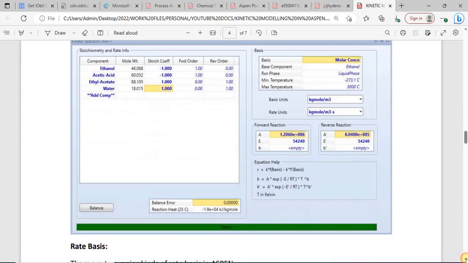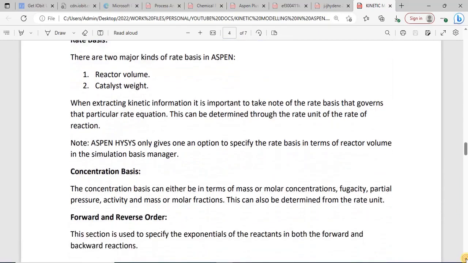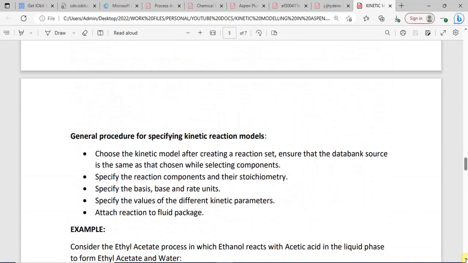So what do we have next? Okay, forward and reverse order. So yes, we have the general procedure for specifying kinetic reaction models. The first step is to choose the kinetic model after creating a reaction set. So first you create your reaction set, then you choose your model which is kinetic.